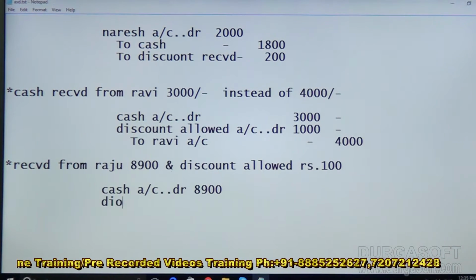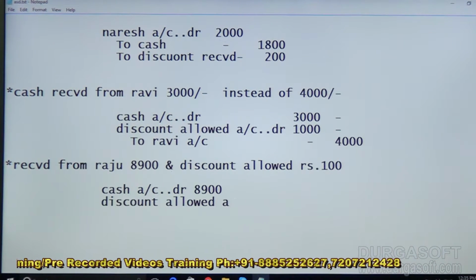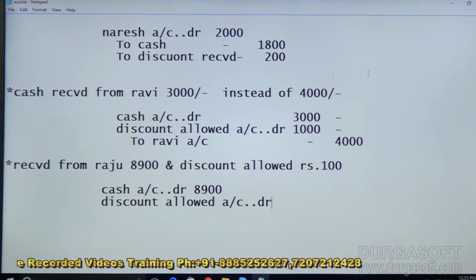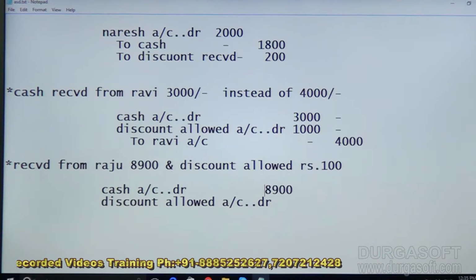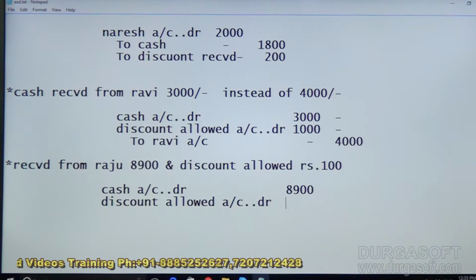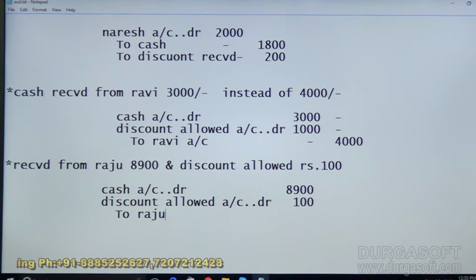So we need to write here discount allowed account debit, to Raju account, 9,000 rupees.